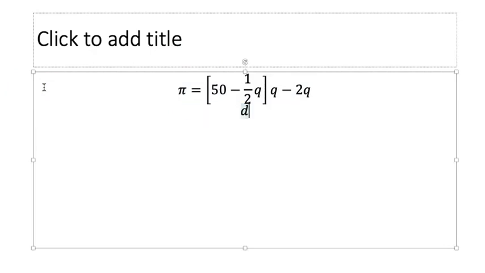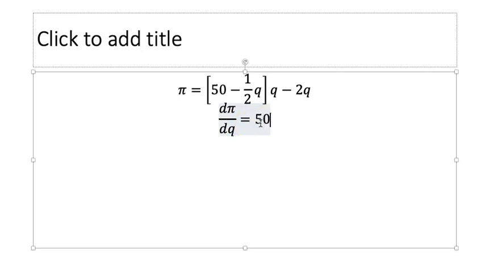So it's going to be dπ/dQ equals. For simplicity, you can just multiply this Q within the bracket so it's easier to get the derivative for the revenue. It's easy for you to get the marginal revenue easily. So here you can just multiply this Q across the bracket term.